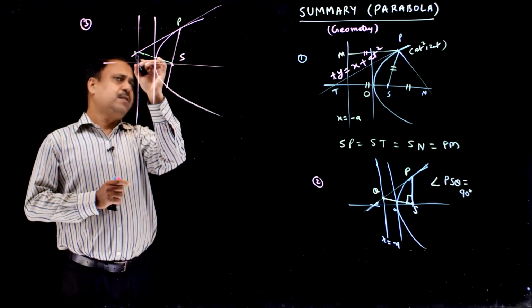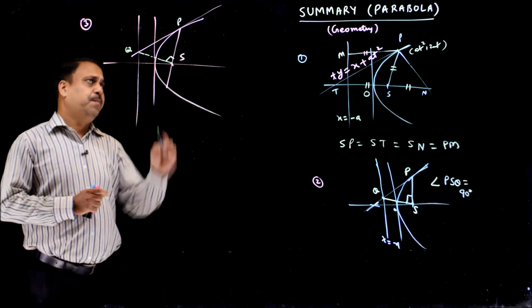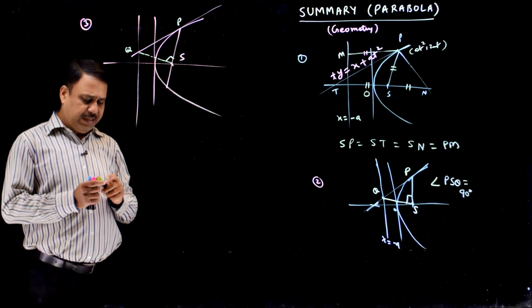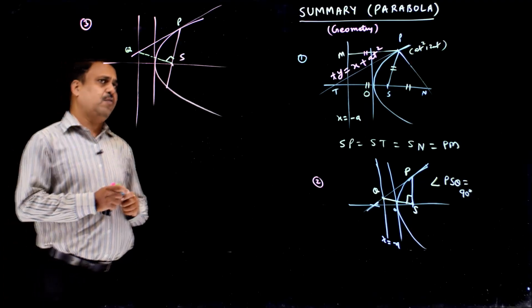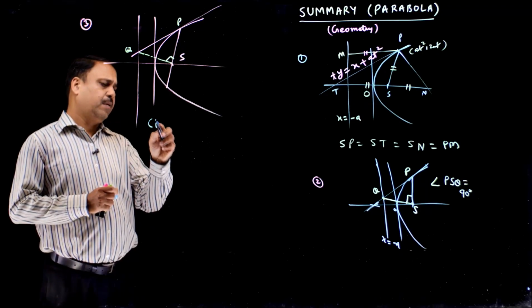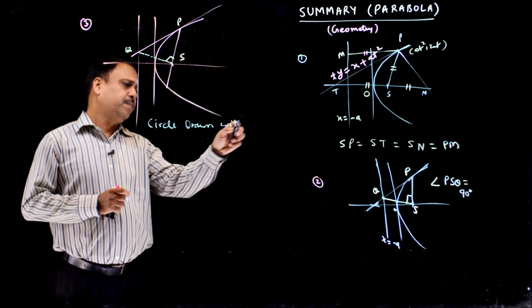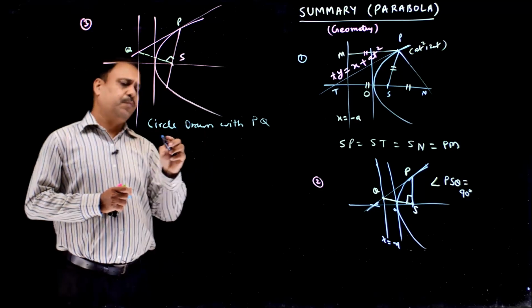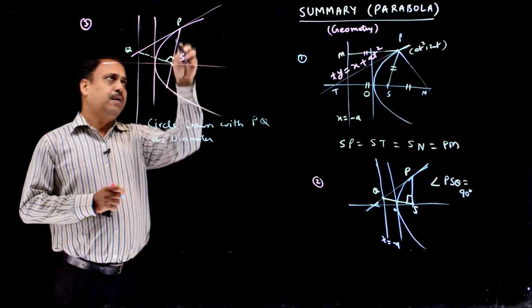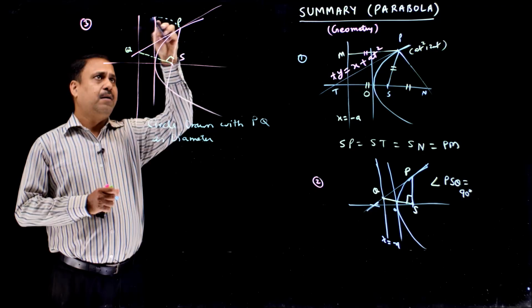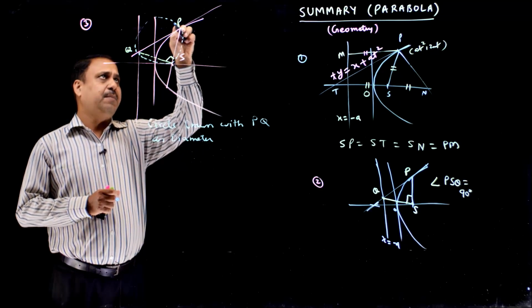This is P, this is Q, this is S. That means if I draw PQ as diameter of a circle, it will always pass through the focus.